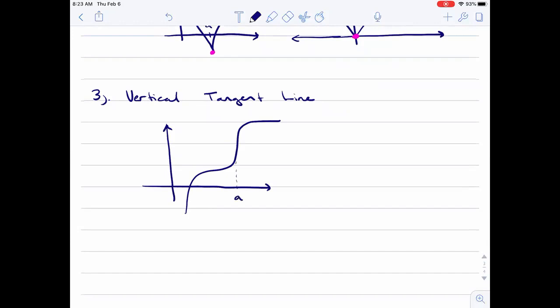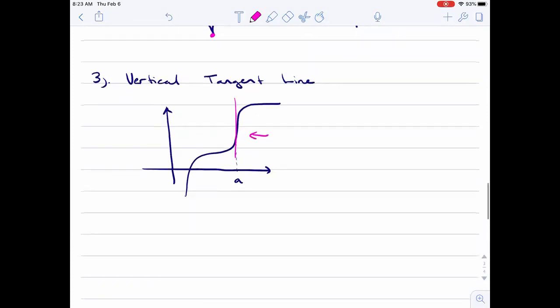Here, let's call this A. We can fit a tangent line, but the slope here is rise over run, and the run is nothing. So if we're dividing by 0, we can't do that. And so here the tangent slope is undefined.